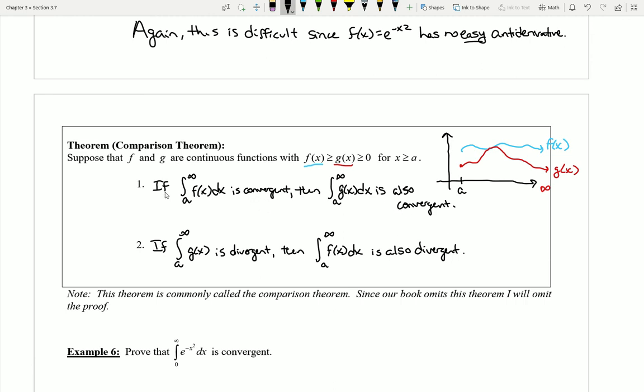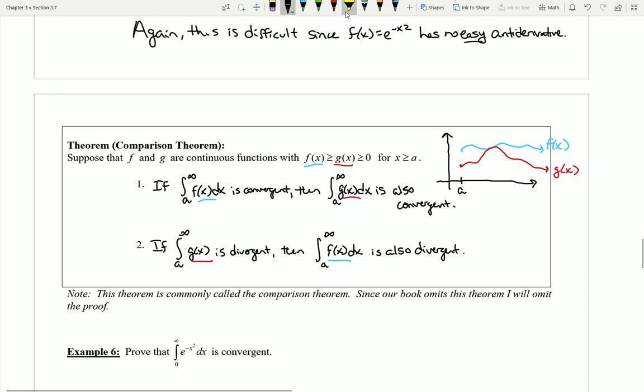No. It said if the area underneath the blue function is convergent, then you can make a determination about the red. And if the area underneath the red function is divergent, then you can make a determination about the blue. Notice that if I was to reverse the order of these statements up here, I wouldn't be able to reach really any sort of conclusion.